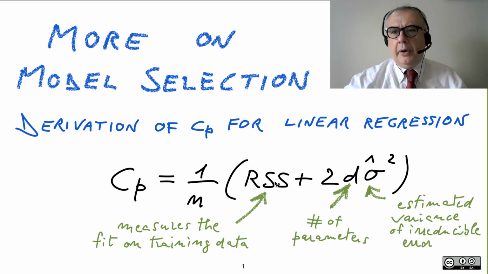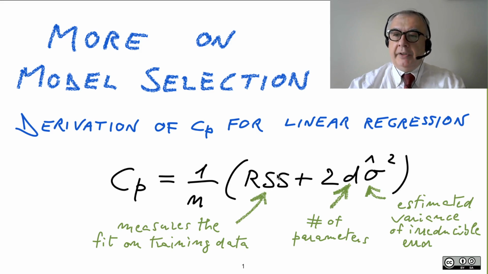And if you apply this method to choose amongst models of different complexity, and you start with a very simple model, a simple model will have a few parameters, so D will be small, but RSS usually will be large because the model is not flexible enough. And as you increase the model complexity, you will see that RSS decreases, and this helps minimizing CP, of course, but at the same time there will be an increase of D. So at a certain point there will be no use in increasing D because the decrease of RSS becomes marginal.